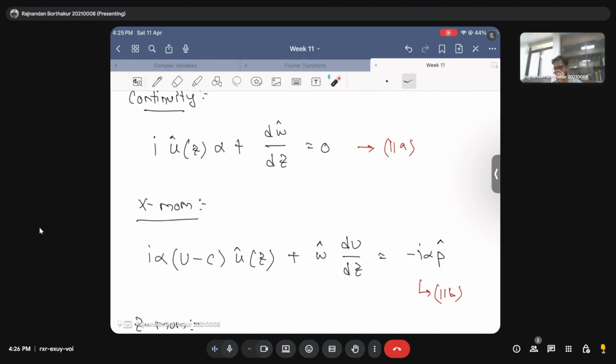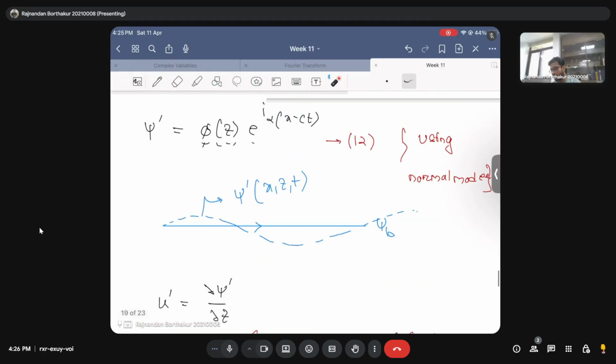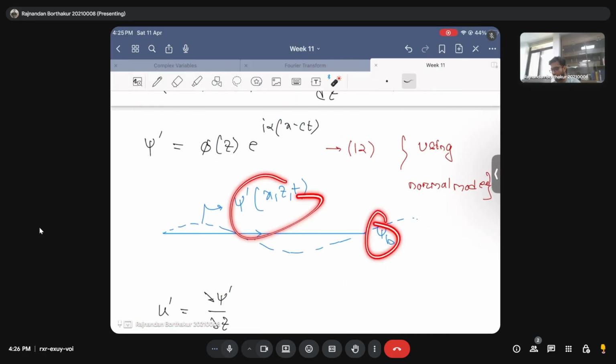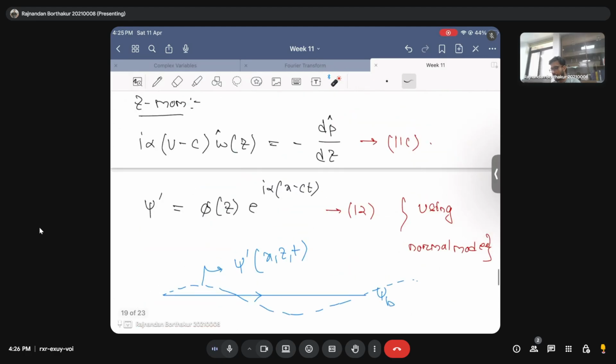This means that we just need to solve for one variable, the stream function, which we defined using a base stream function plus a perturbation, where the perturbed stream function can be written in terms of the normal mode. After that, we correlated the velocity functions to the functional form of phi, and then solved for phi.